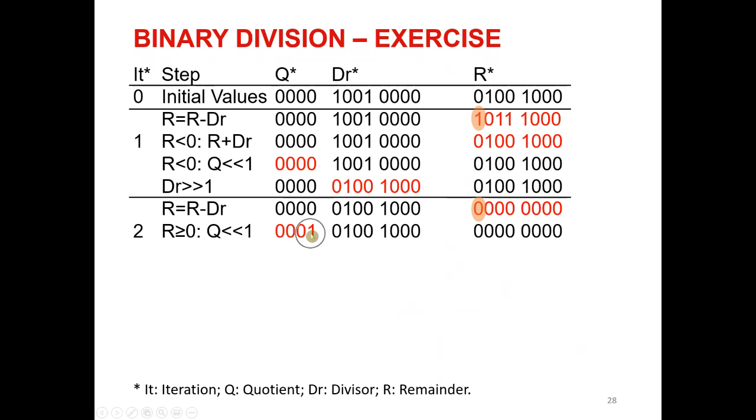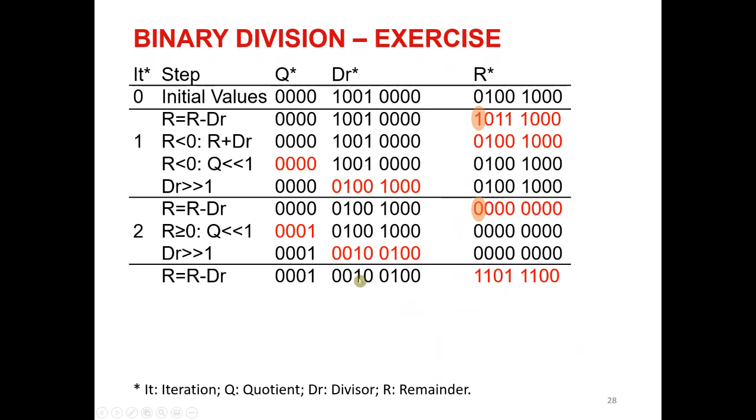This is the difference: when we have a negative value, we restore the remainder and add a 0 in the rightmost significant bit of the quotient, and if it's a positive number, we add a 1. In this case it was positive, so we add a 1, and the remainder is 0. Then we shift right the divisor, and we do it again, subtracting the divisor from the remainder.